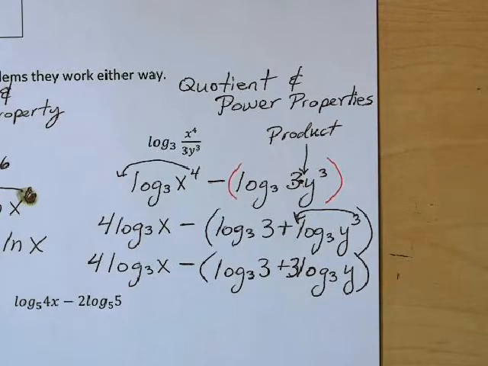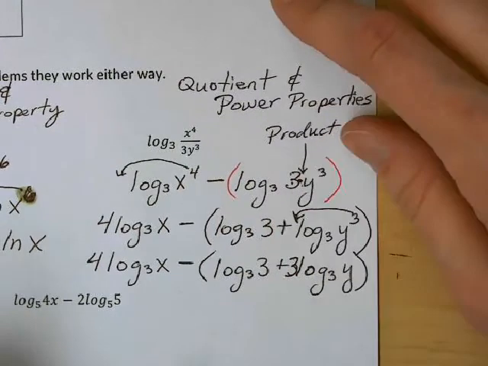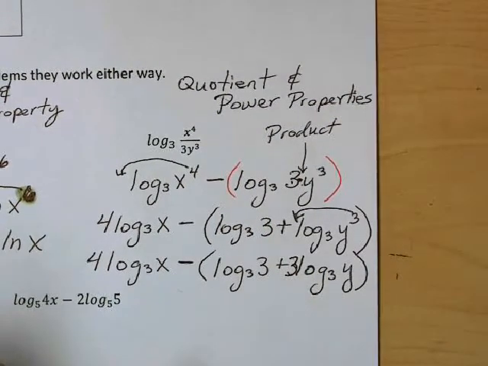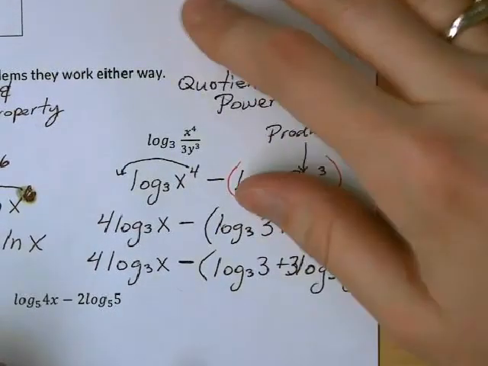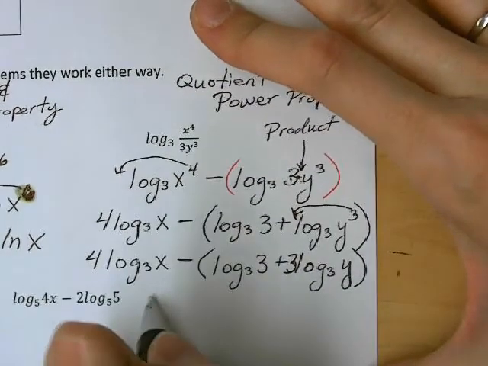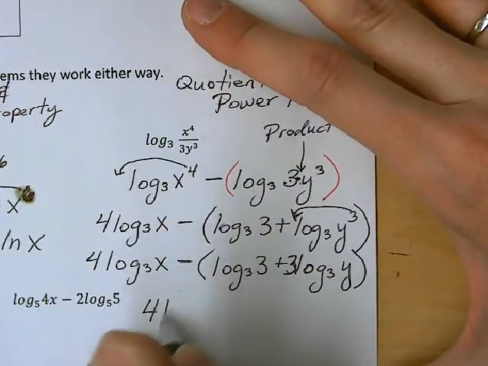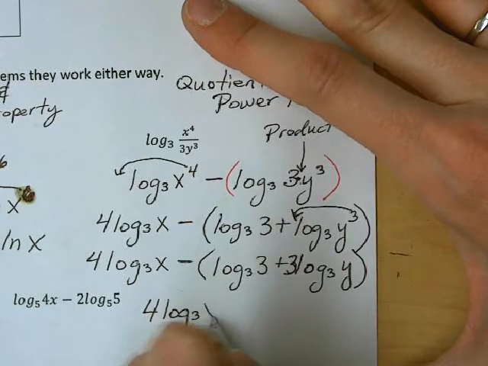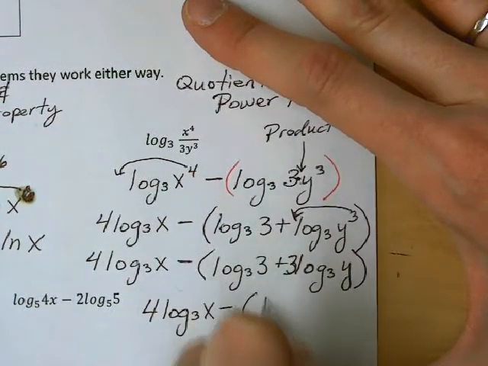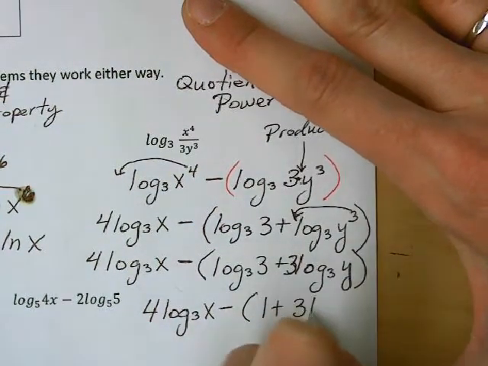But it kind of depends on your teacher. I could see putting in the directions, like solve if you can or something. So finally it'd be 4 log base 3 of x minus 1 plus that 3 log base 3 of y.